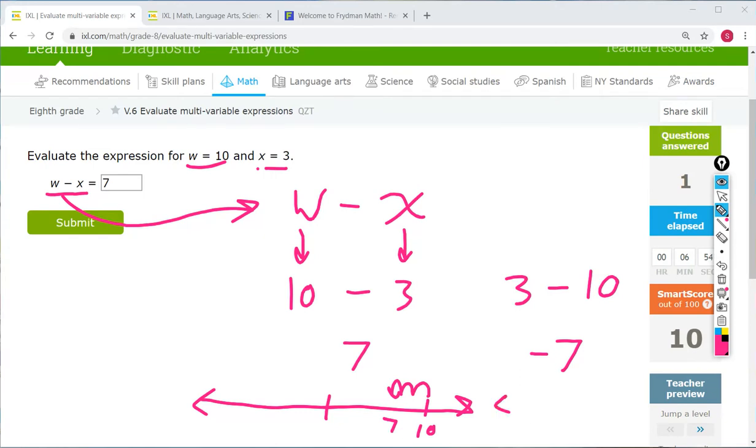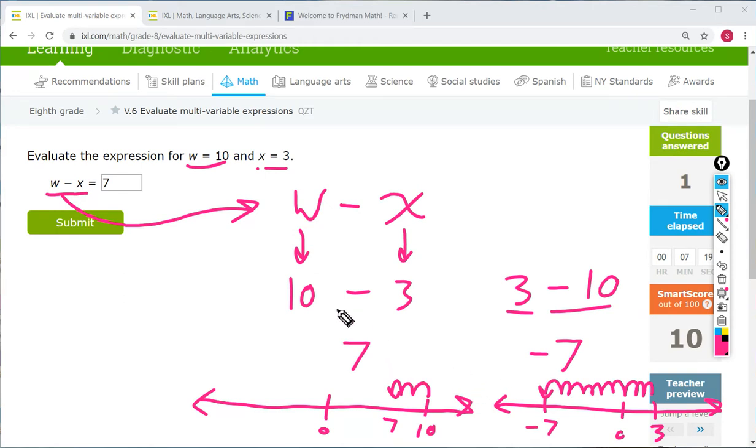On the other hand, if I started at 3 and then I went 10 spaces to the left, 1, 2, 3, 4, 5, 6, 7, 8, 9, 10, that would put me at negative 7. So you will have to be careful there, okay?